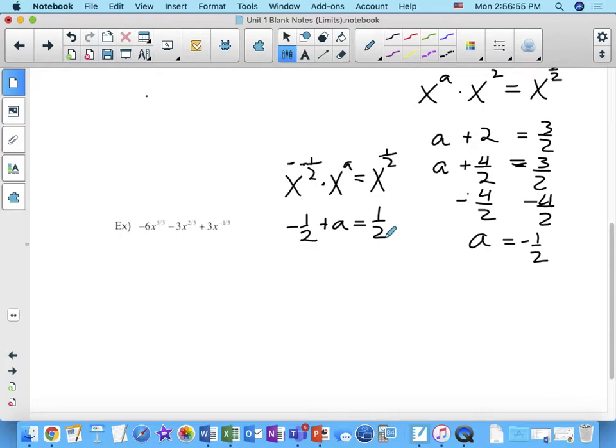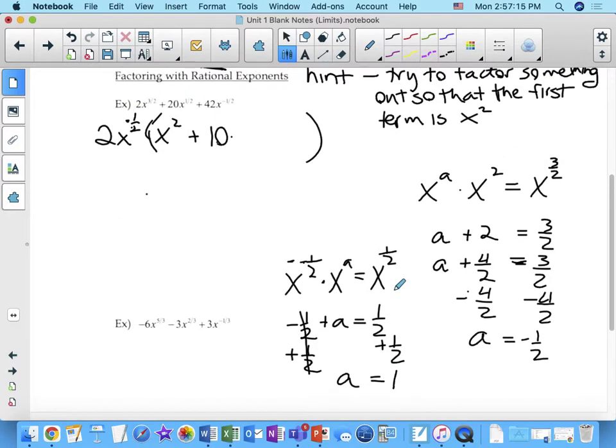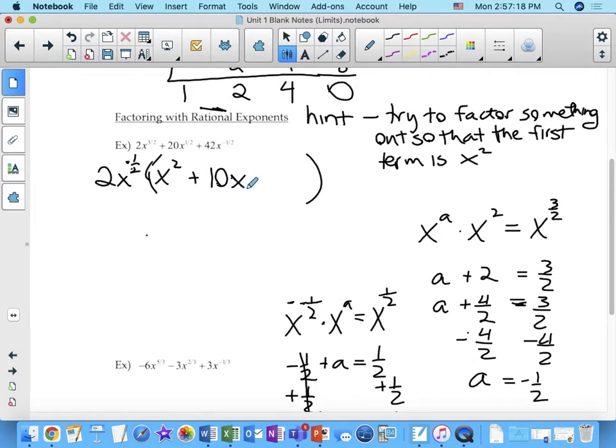To solve for a, we just need to add a 1/2 to both sides. A 1/2 plus a 1/2 is 1. So the exponent on x there is just 1. And if you think about it, x to the negative 1/2 times x to the 1, if you add negative 1/2 plus 1, you get 1/2. Does that make sense? Yeah?